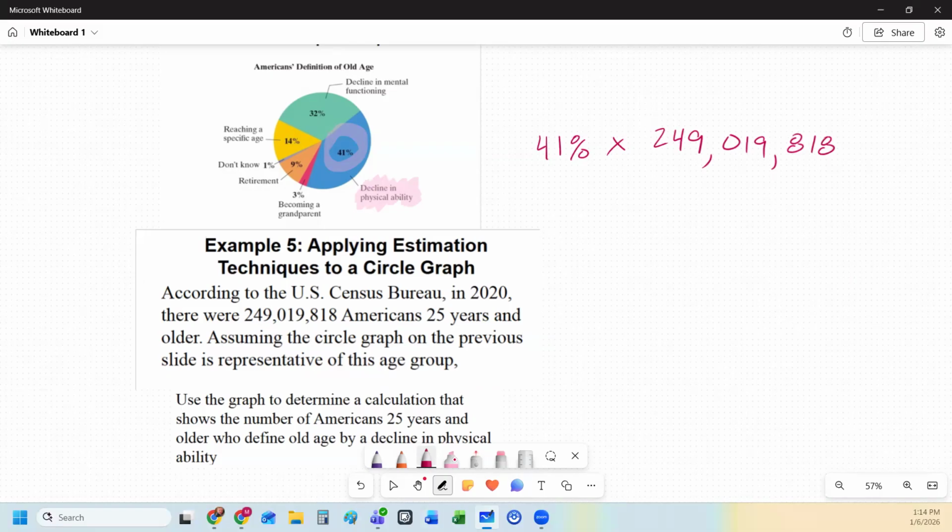But again, that's a lot of work, and I don't really care about all the way down to each individual person here. I probably only care about the thousands, right? So I'm going to estimate this by rounding.